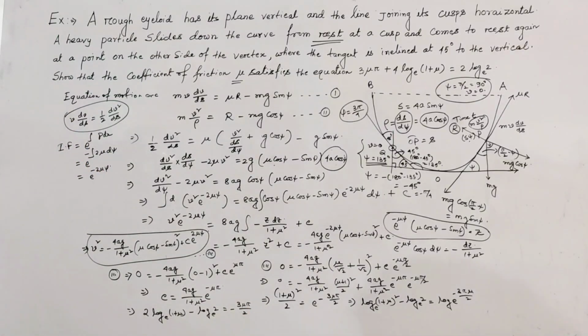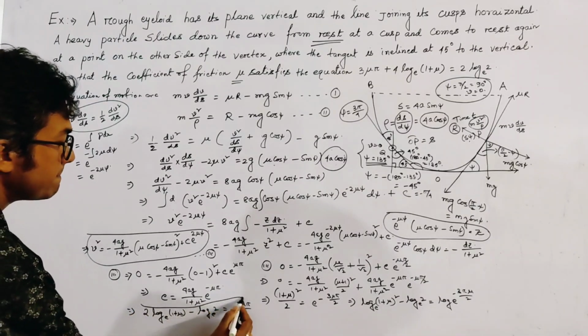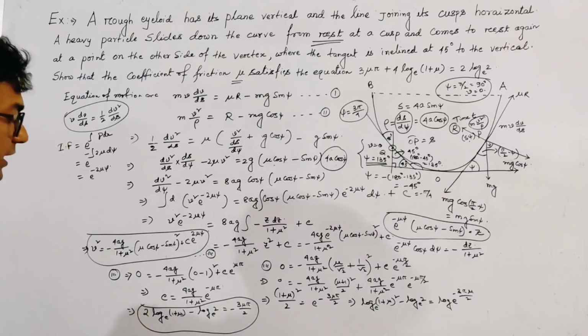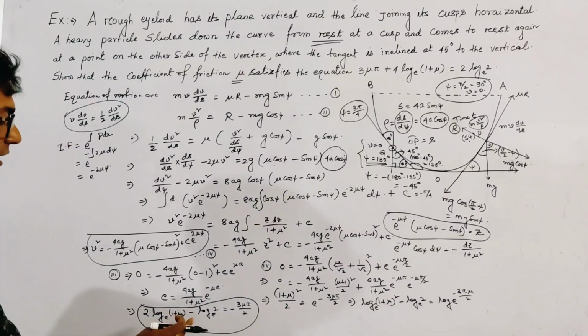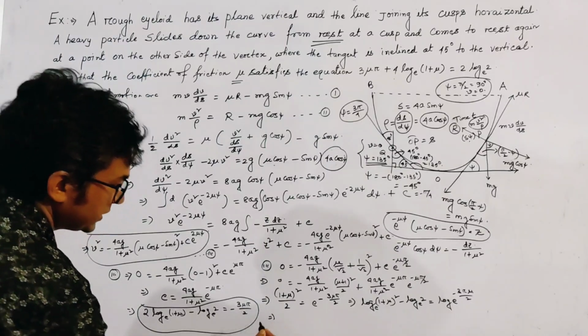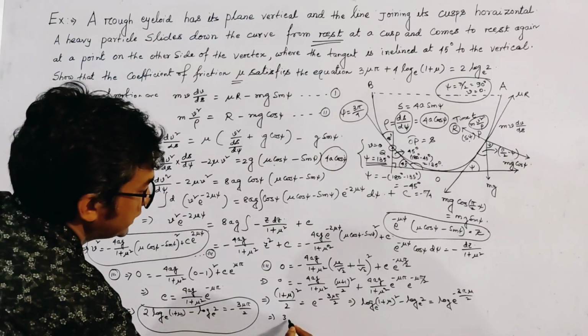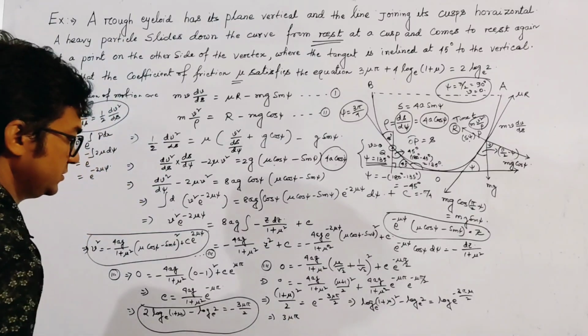Okay, so again, by calculating this term, we clearly see that this result is same as the given result, and the given result or required result is given by 3 mu pi.